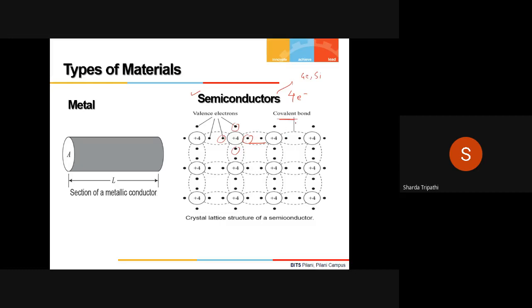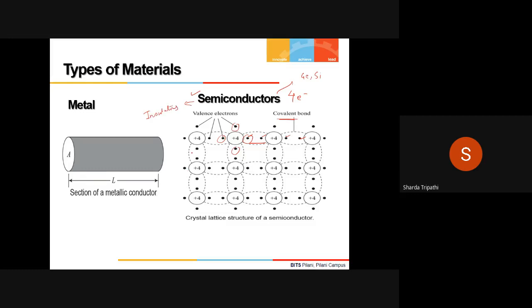the covalent bond. So in this case, what happens, because all the electrons form the covalent bond, the conductivity is very low, because due to the tightly packed arrangement of electrons in this lattice, there are not much free electrons to move from here and there. In fact, if you talk at very low temperatures, the semiconductors typically behave as insulators.